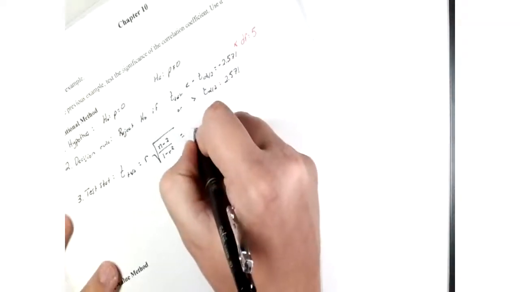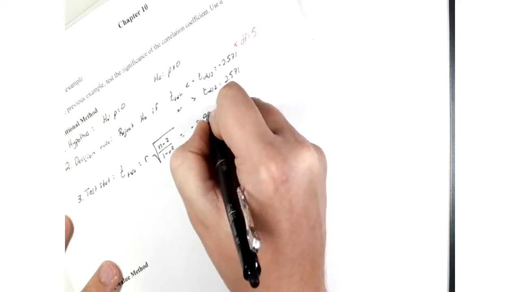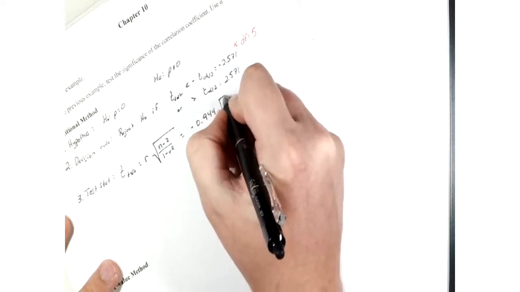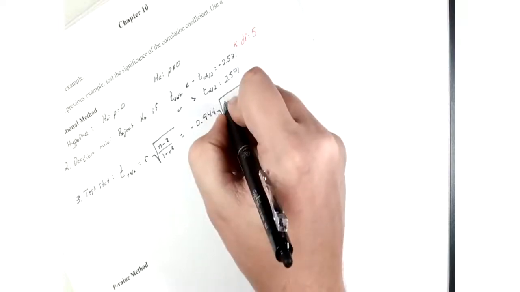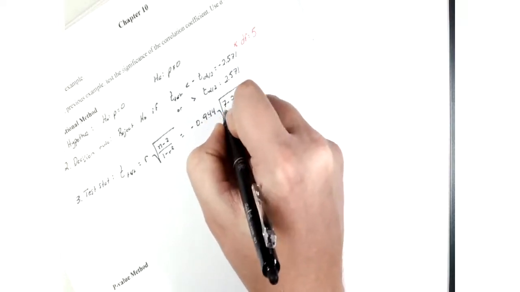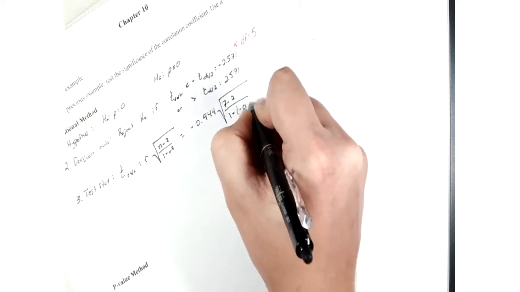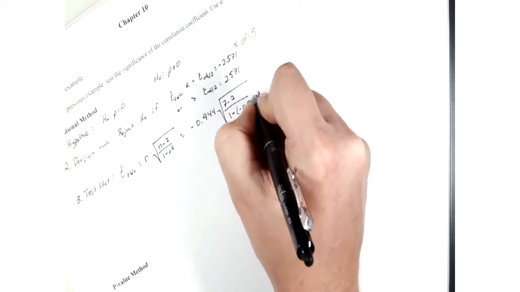So doing that, we have negative 0.944 times the square root of 7 minus 2, divided by 1 minus negative 0.944 squared.